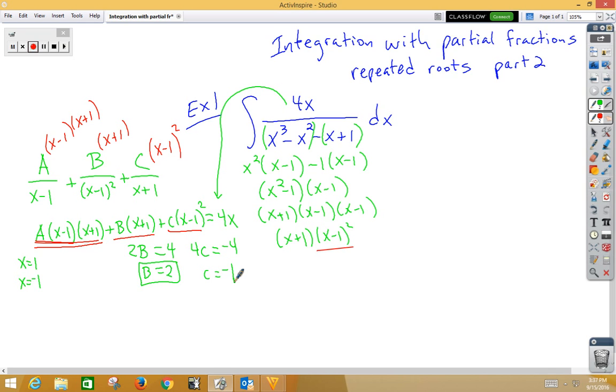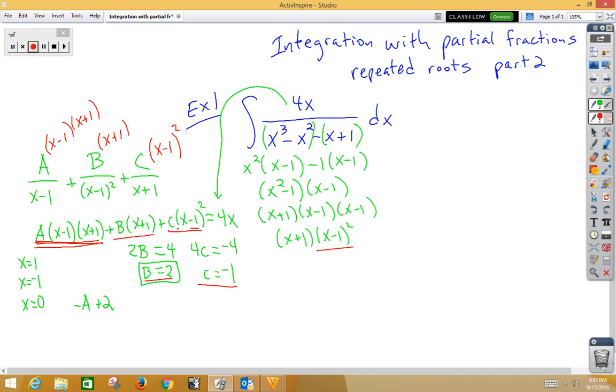Now let's go ahead and choose another convenient value. I don't have something that'll make a 0, but I can choose 0 for x. If I choose 0 for x, remember I'm plugging in 0 for x, 2 for B, and negative 1 for C. Well, if I plug into my first term, I will get negative A. If I plug into my second term, I will get positive 2.